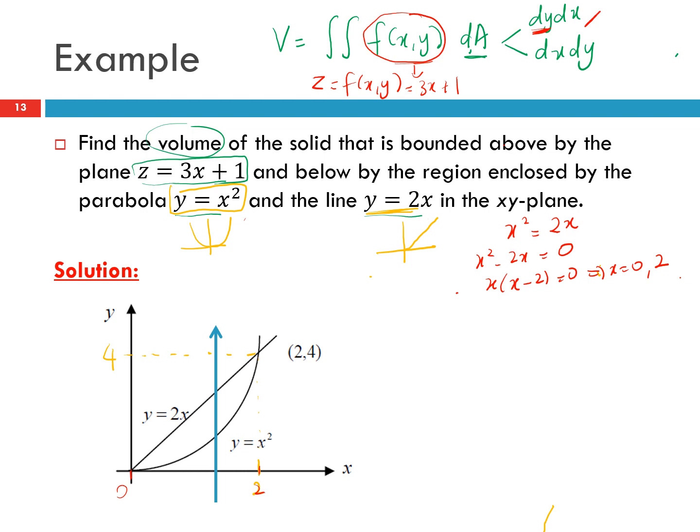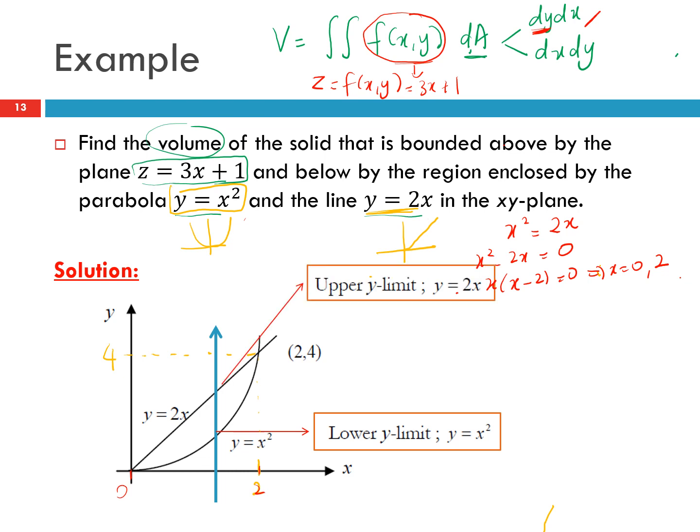Okay, and then from that line, we will have the lower y limit of integration, which is y equal to x squared, and the upper y limit, which is y equal to 2x. Okay, so this is the y limits of integration. So we have settled for the y. What you need to find is the limits of integration for x.